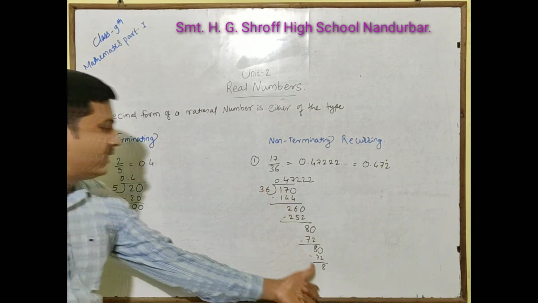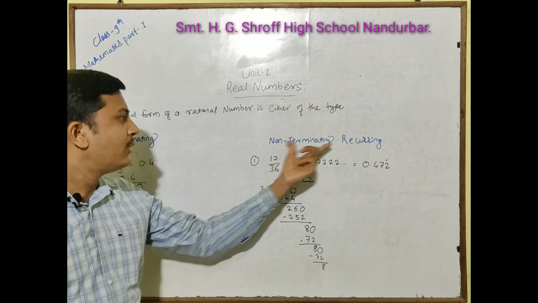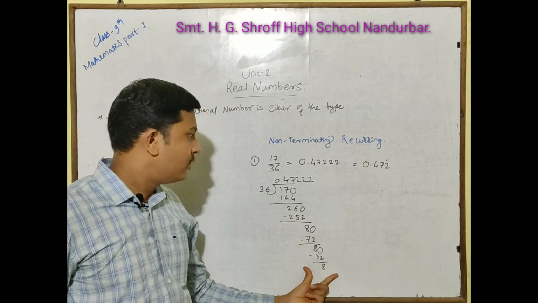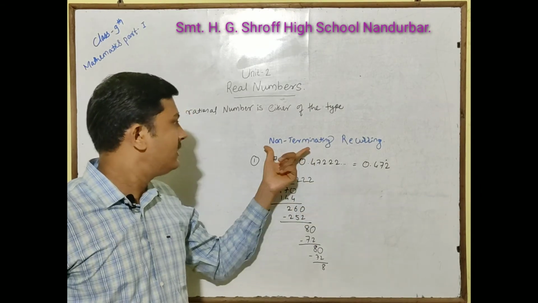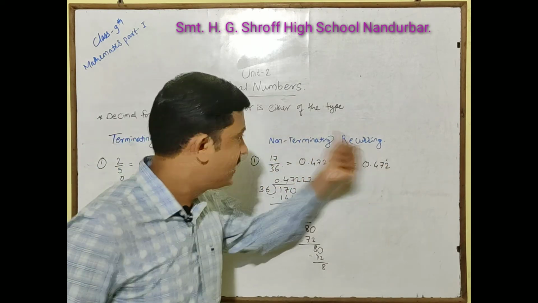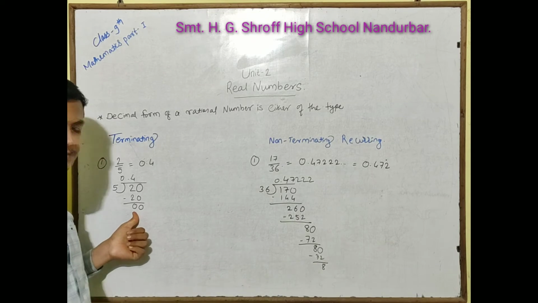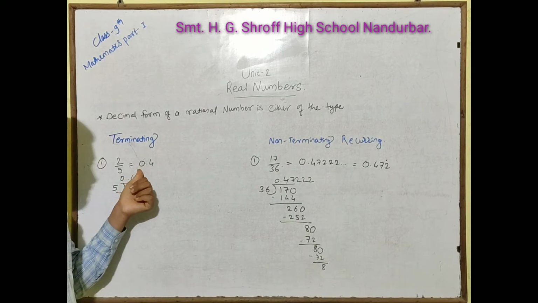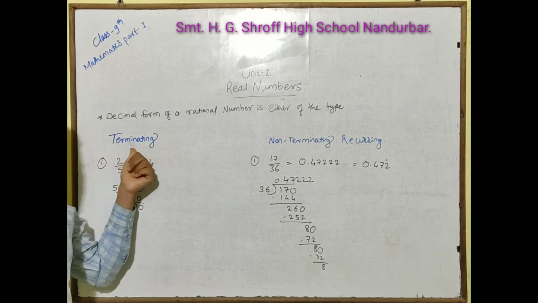If the remainder is not equal to 0, then we can say that it is non-terminating. If the remainder is not equal to 0 and in the quotient the same digits repeat again and again, we say that the rational number is of the form non-terminating recurring. If the remainder becomes 0, the quotient is terminating, so the rational number is of the form terminating.